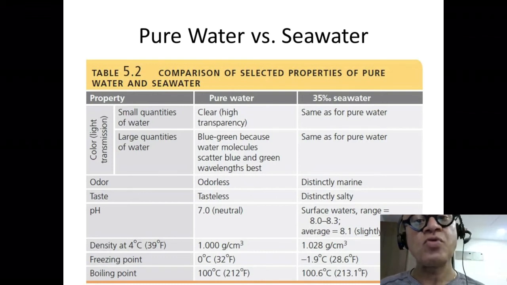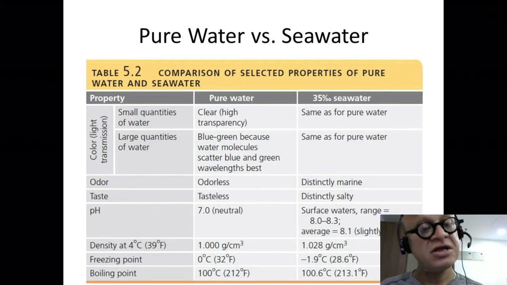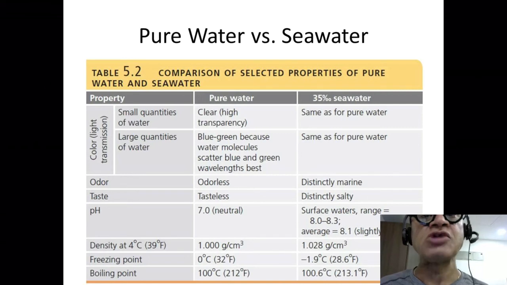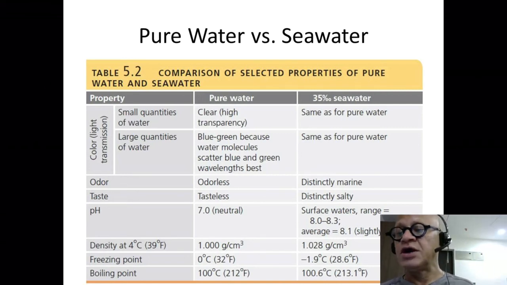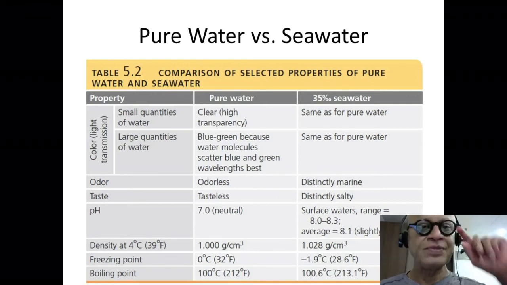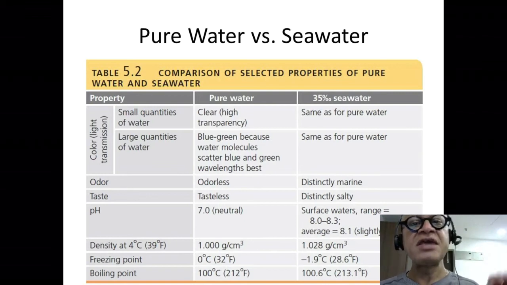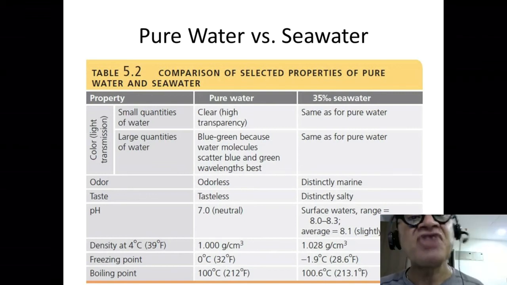So pure water has no taste, whereas with some minerals actually it tastes better, and some of those minerals are also essential for your body, for your blood circulation, and so on. So ocean water is obviously very salty. So a small amount of salt, just 3.5%, can make it actually undrinkable, and it can be bad for your body if you drank it in large quantities. We will see why that happens.